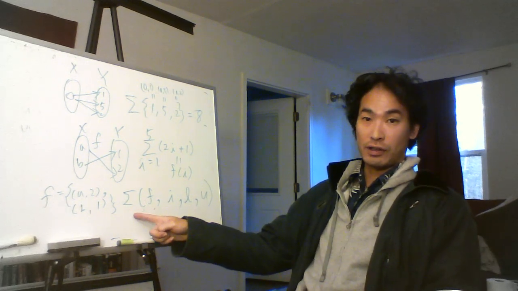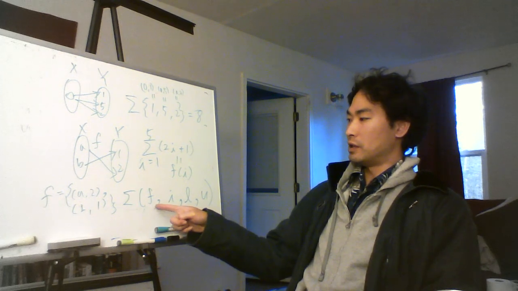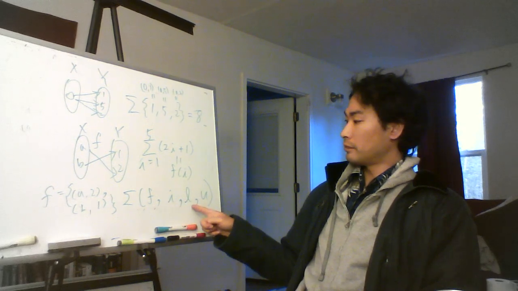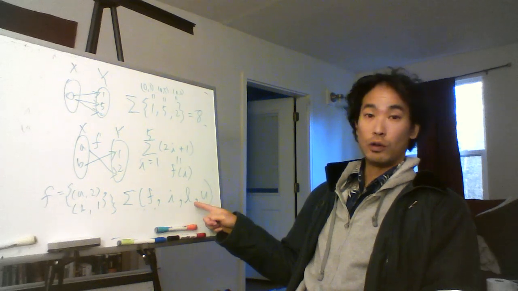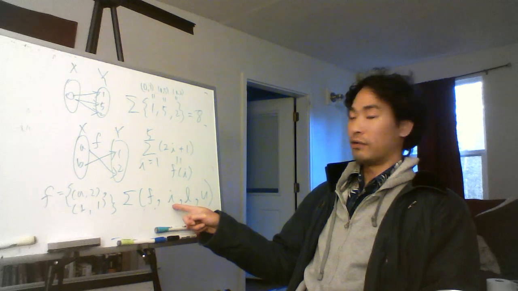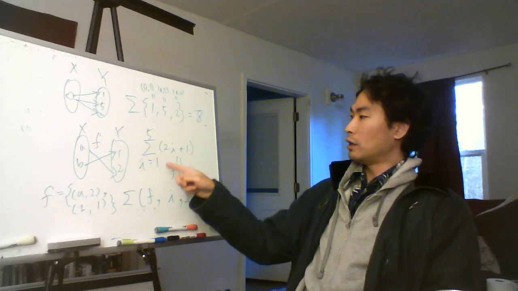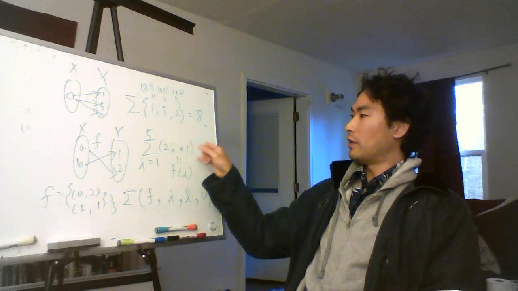Sigma is a meta function. Why? Because it's a function of a function. One of its inputs is a function f. i, the sigma variable, is also a variable of f. L, the lower limit of i. U, the upper limit of i. So this is L, U: lower limit, upper limit, i the variable, and then the function itself.